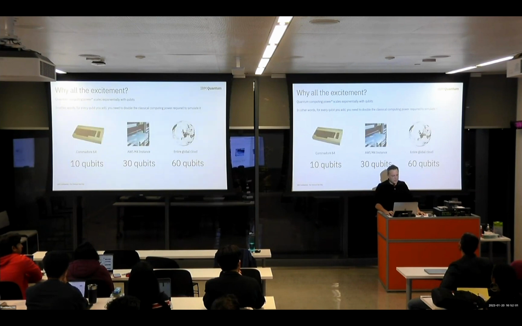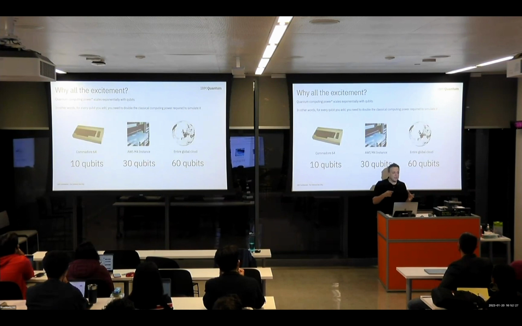So, why all the excitement? Well, the excitement is that quantum computing power scales exponentially with qubits. Now, again, this isn't 100% true, but I'm simplifying, so again, quantum physicists will kill me for saying this, but that's kind of how it is. So, for every qubit you add to a quantum computer, if you want to match it with a classical computer, you have to double the classical computation in order to keep up with it.